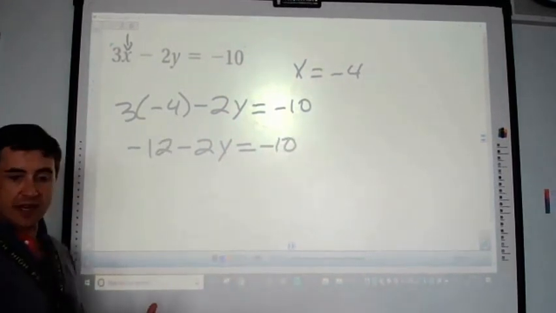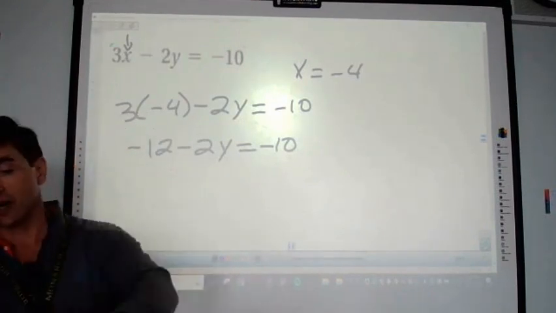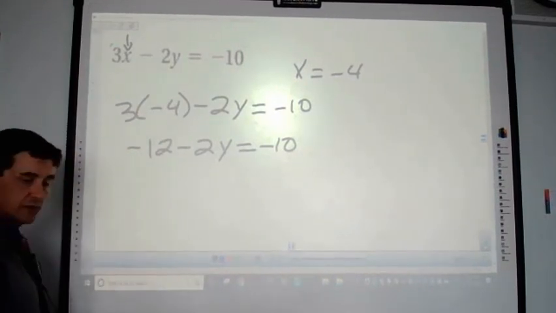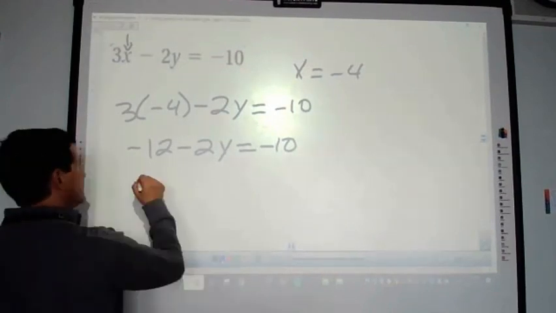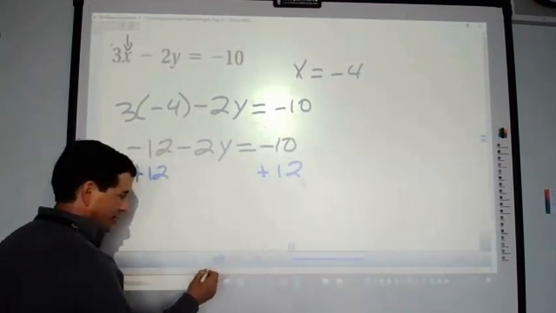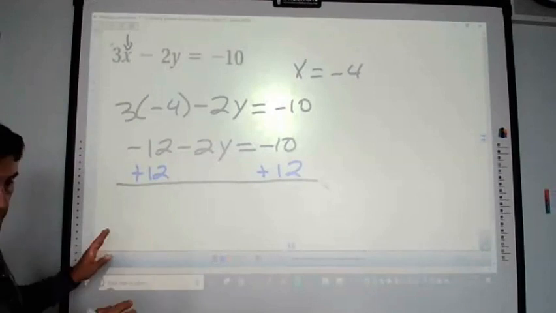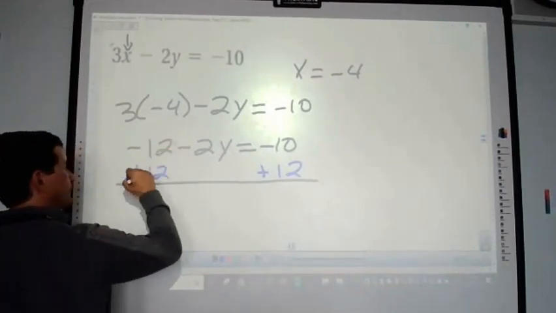Remember I say you guys make mistakes with the negatives. So we got a ton of negatives, so just be careful. Add 12 to both sides. It's not that hard, but you know yourself better than I do, so you can decide.